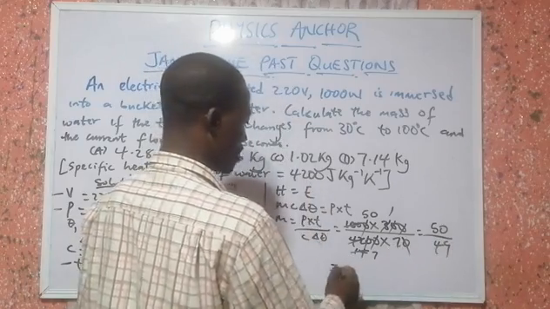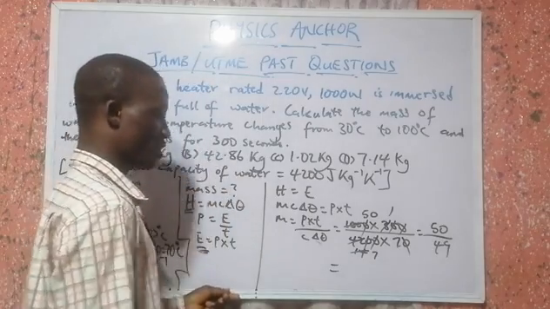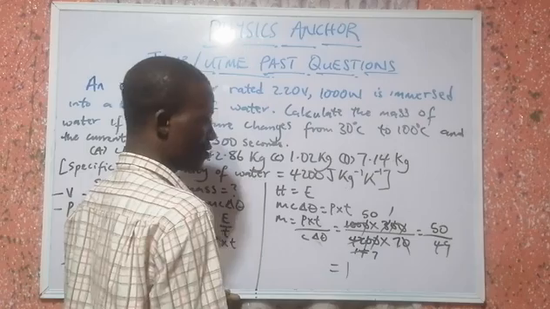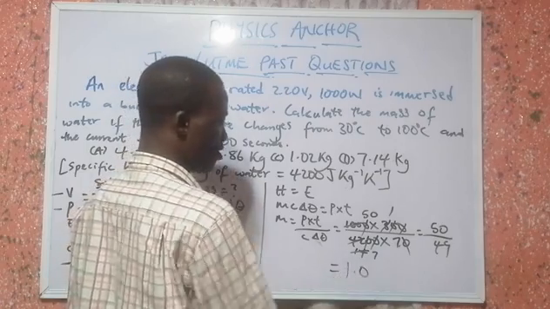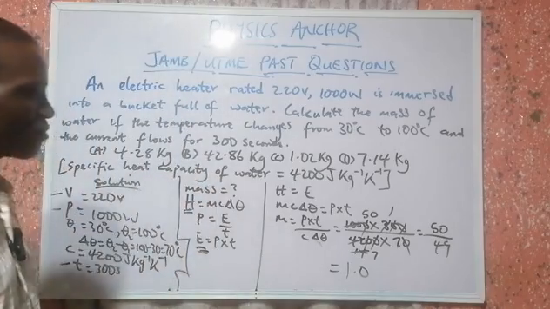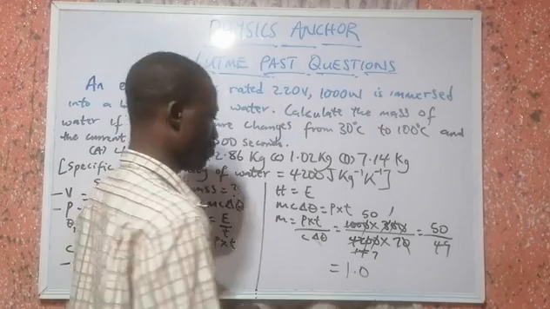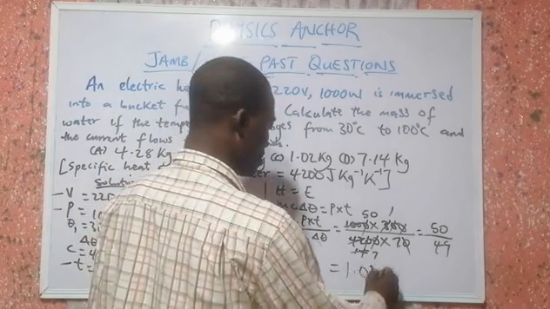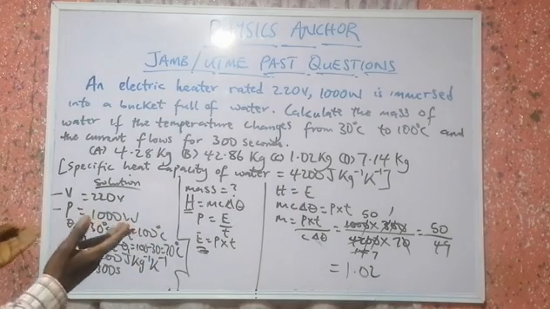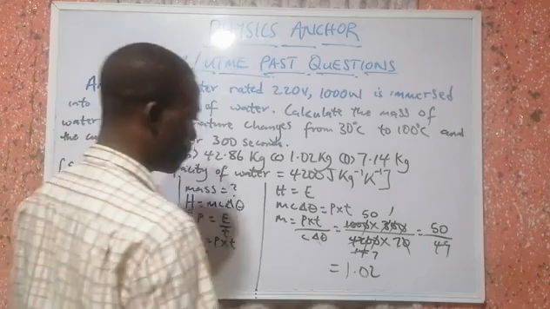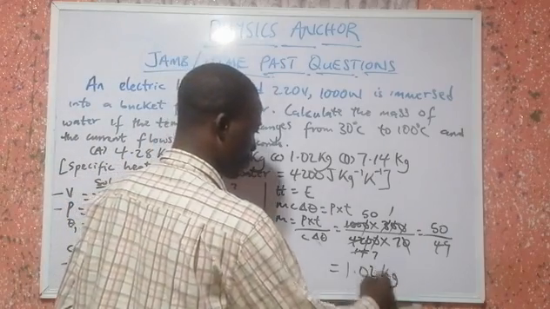If we divide 50 by 49, that will be 1 point 0, and in 100 we are going to get 98, that is 2. So everything that they left here, they left in 2 decimal places. So I can stop here.